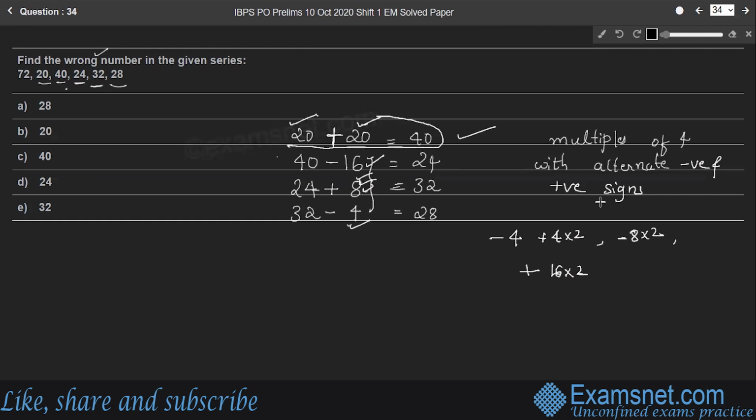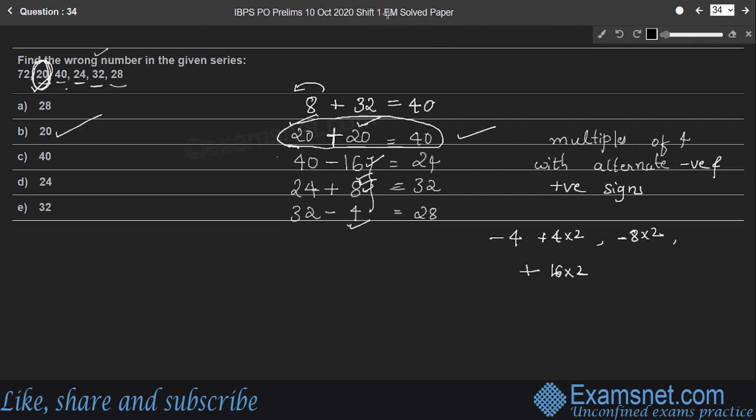Therefore, only the number to be added changes, and therefore the previous number also changes. Here, the number to be added is 32 to get 40. Therefore, its previous number should be 8. In the given series, 20 is the previous number to 40. Therefore, 20 is the wrong number, right?